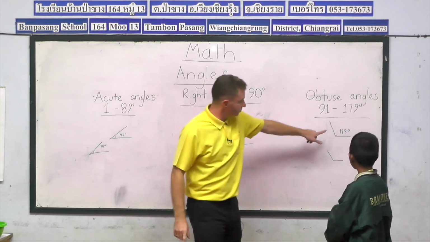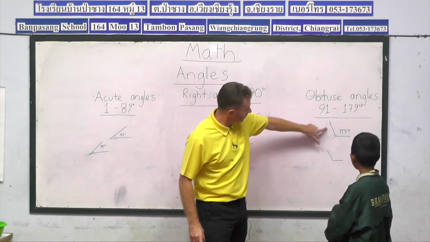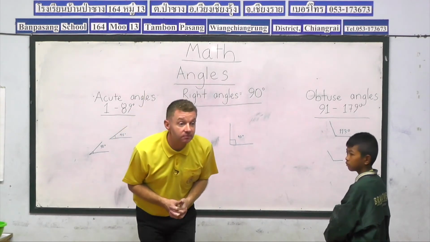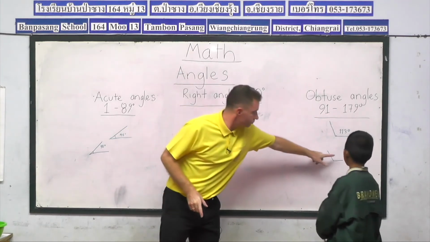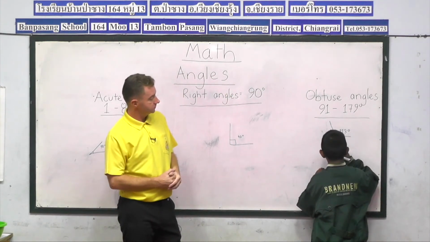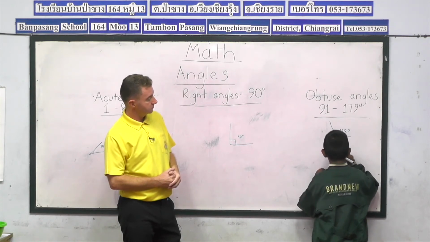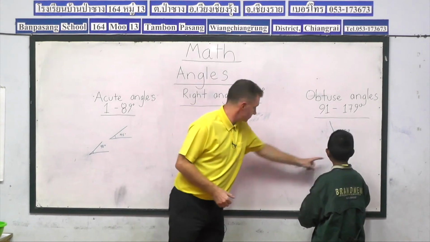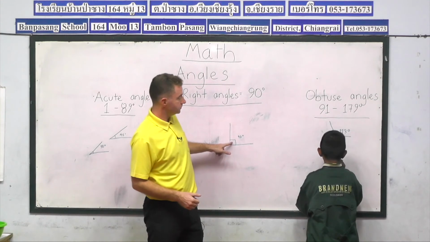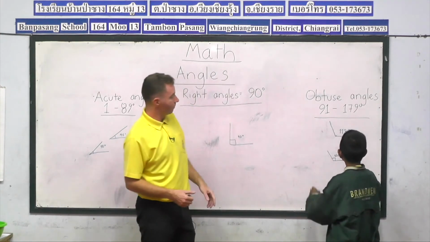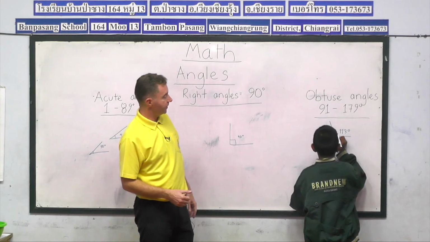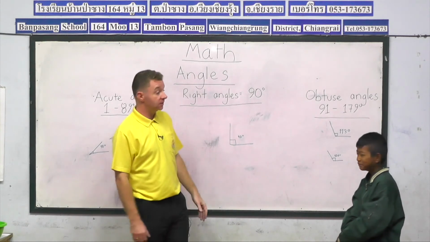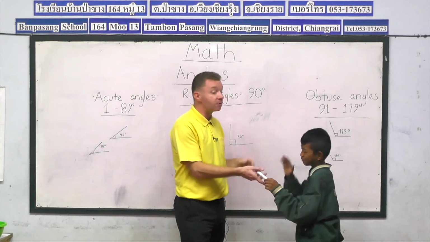So you can see Chu's is 113. If we come a little bit further out, what do we think? How many degrees? 100 and? Okay, so we've got 120 degrees. And then draw your little box here for the vertex. You see like this? And Pat, draw one for Chu too. Excellent. So you see, Pat has correctly designed an obtuse angle. That was excellent, Pat. High five. Big round of applause for Pat.